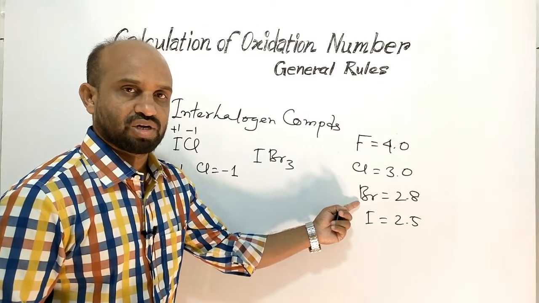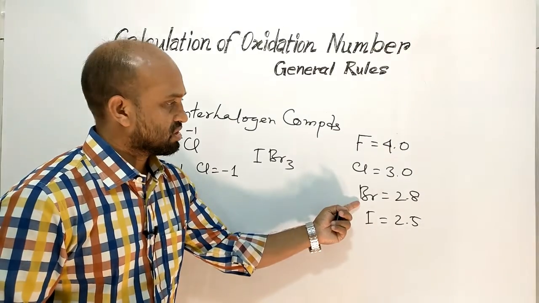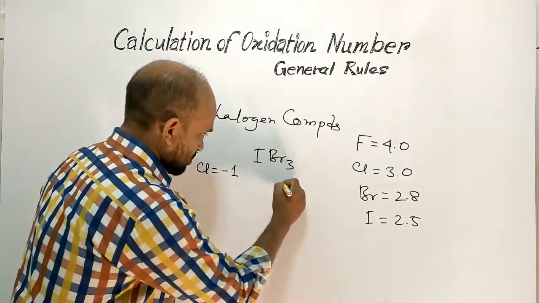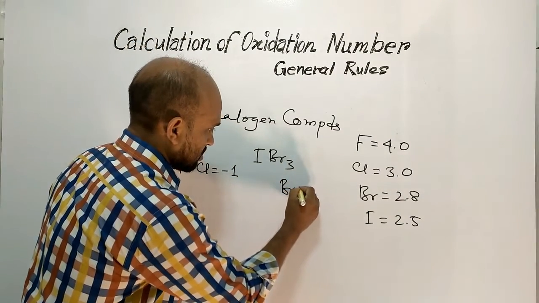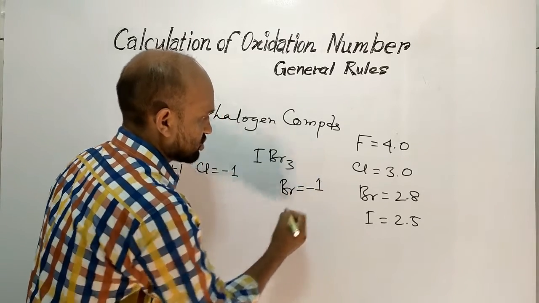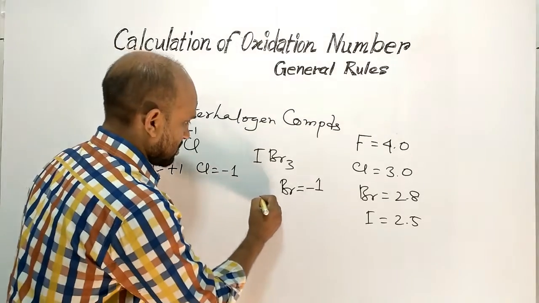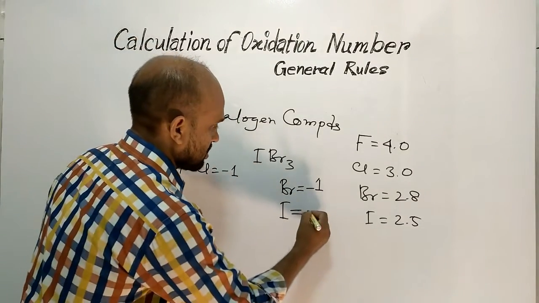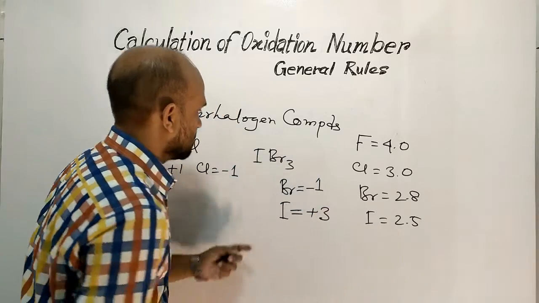Another compound, iodine tribromide. Here, electronegativity of bromine is greater than iodine. So, bromine's oxidation number will be negative, that is -1, and iodine's oxidation number will be +3.